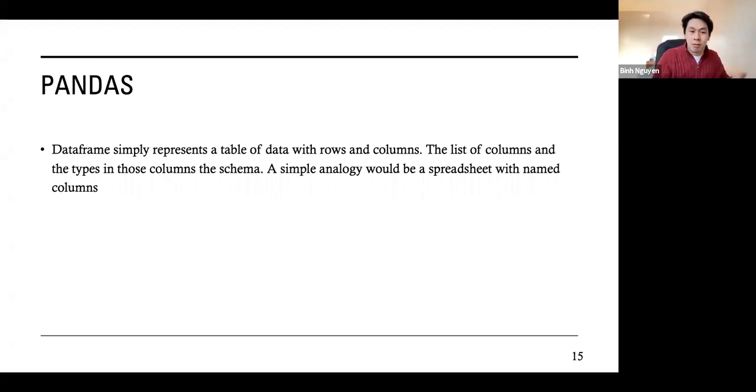A data frame simply represents a table of data with rows and columns, with the list of columns and the types of those columns in the schema. A simple analogy would be a spreadsheet with named columns. The difference between a data frame and a matrix is that data frames have header fields.